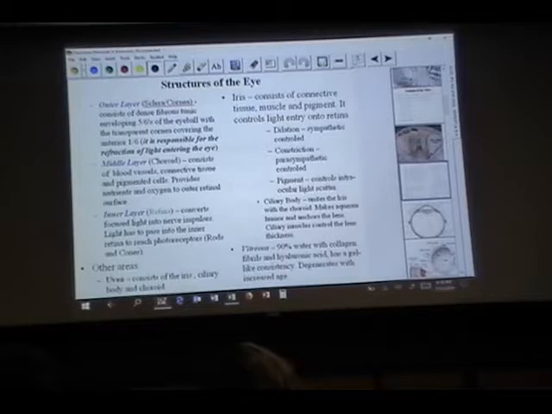The uvea consists of the iris of the eye, which is really the pigmented portion of the eye. In the iris of the eye are two types of muscles. There's a radial muscle that's like spokes on a wheel, and there's a circular muscle that's like a constrictor, like a valve.